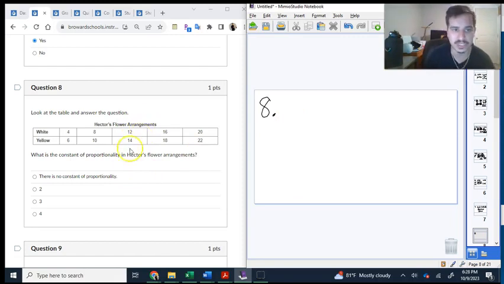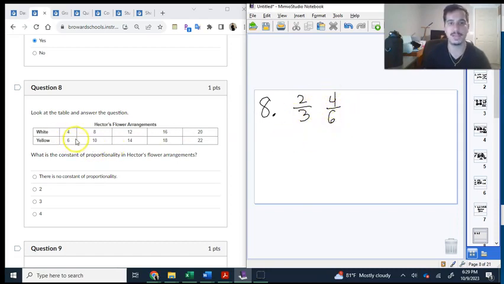Hector's flower arrangements. What is the constant of proportionality in Hector's flower arrangements? So what we are going to do is, if we simplify 4 over 6 down, it would be 2/3. Okay. If we multiply the top and bottom by 2, we get 4 over 6.